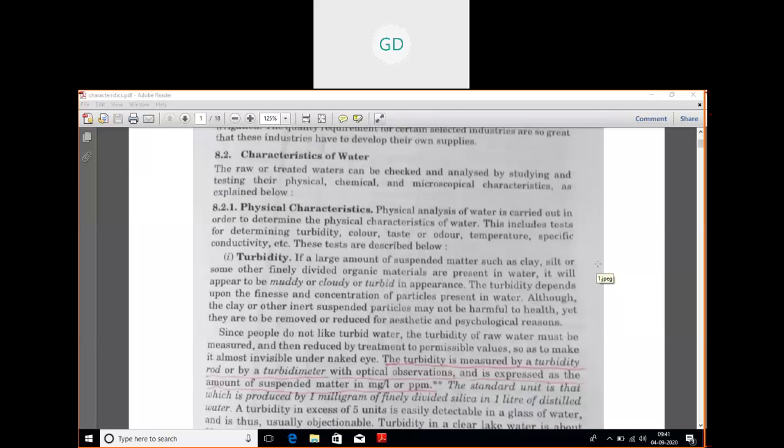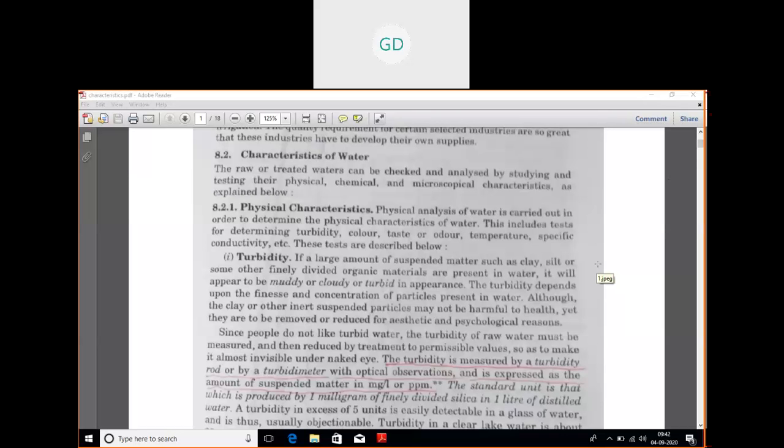The engineer cannot just take the water from the source and supply it to the public. He should know what things should be measured, and what the permissible limits are.